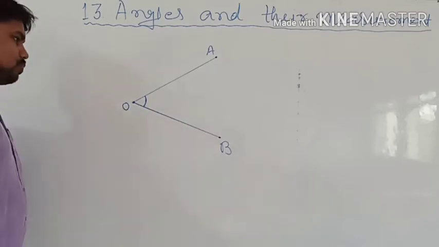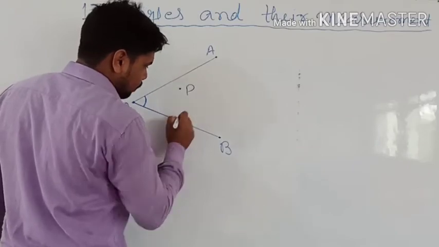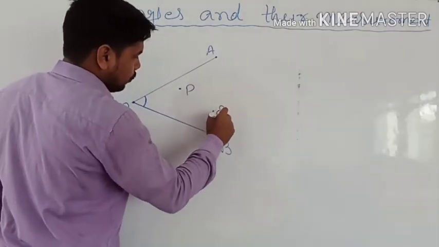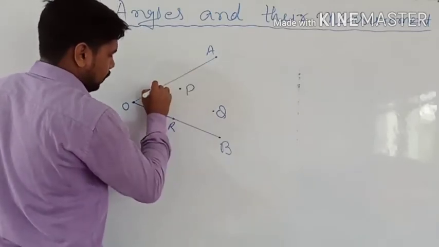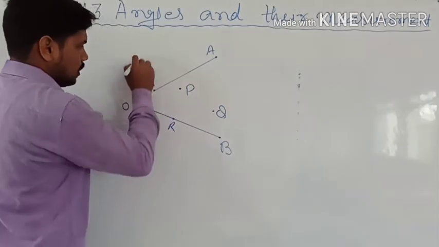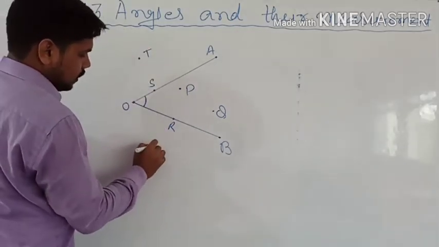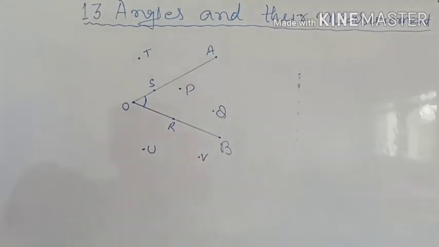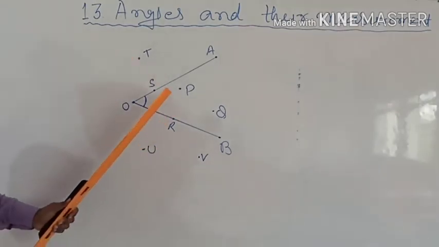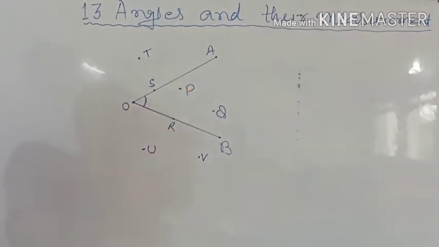So let's say we have drawn some points here. Here we give P, here Q, here R, here S, here T, here U, and here V. So now you can see some points are outside the angle, few points are inside the angle, and some points are on the angle itself also.